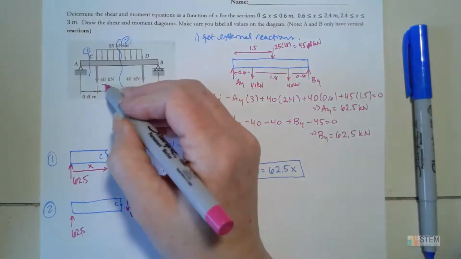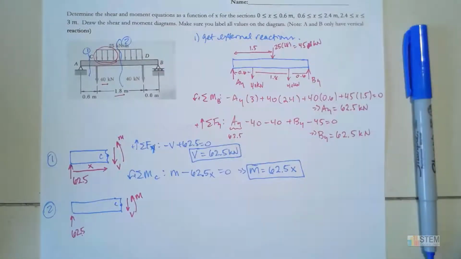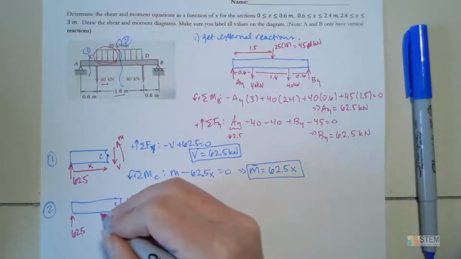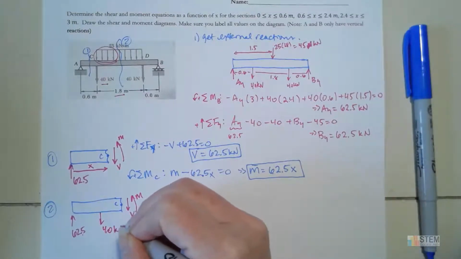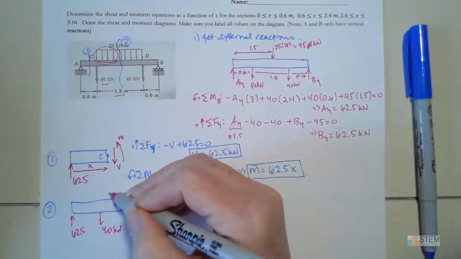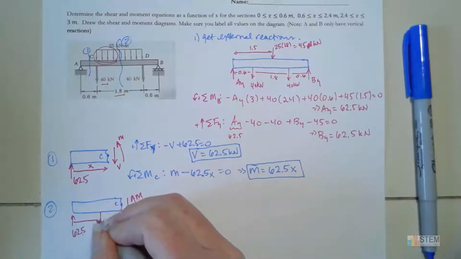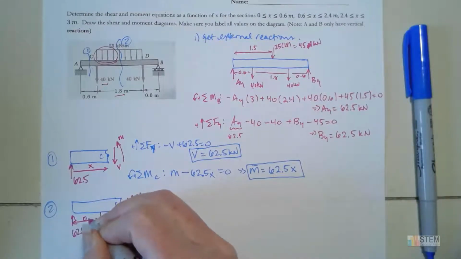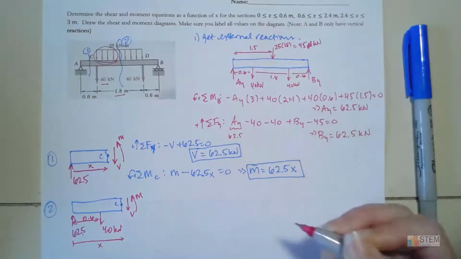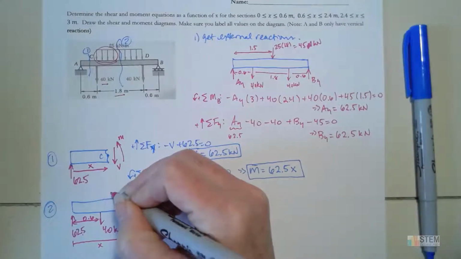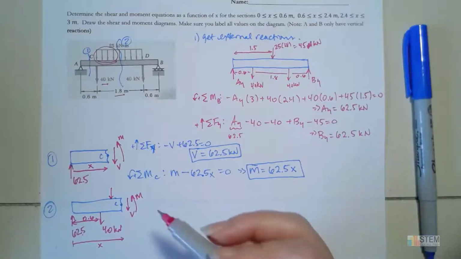But now what else do we need to add? Well, now I need this 40, and then I have to worry about all of this, that distributed load that's going on. So let's add those in. So there's 40, and these forces are all kilonewtons. And then up top, if we look, this distance here is 0.6, and then this total distance here is X. When we do our distributed load, we need to know the distance the load's acting over.